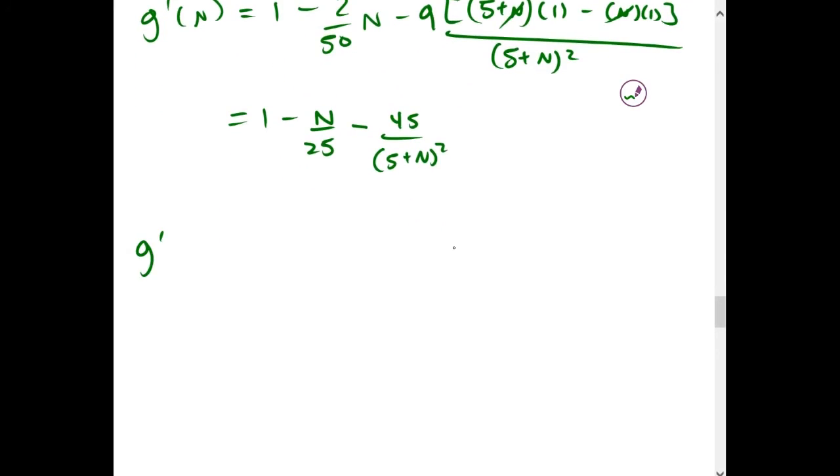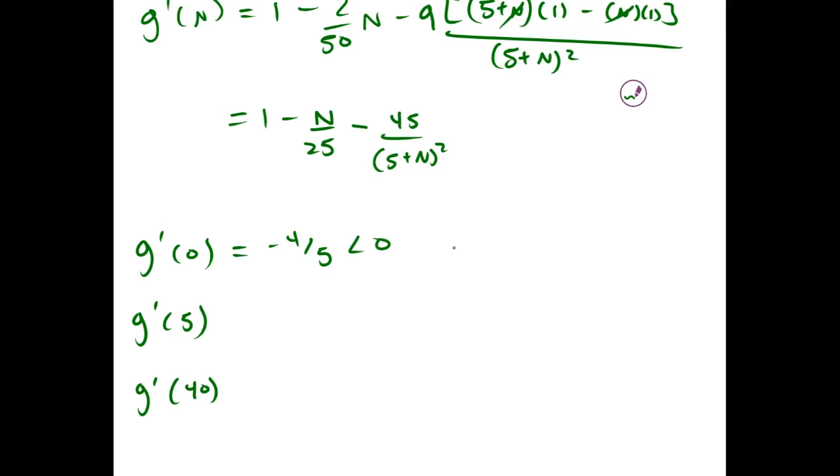So now we plug in our equilibria. When we plug in 0, we get negative 4/5, which is less than 0. So this is a stable equilibrium.